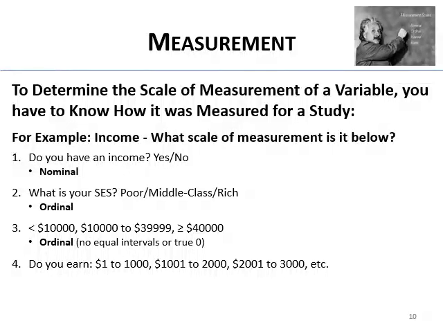So how about this? Do you earn $1 to 1,000, 1,001 to 2,000, 2,001 to 3,000, etc.? What scale of measurement would this be? Well, we have order, right? If you're in a higher category, you make more money than someone in a lower category. The categories do have equal intervals, right? Each one is $1,000, assuming it just keeps going up.